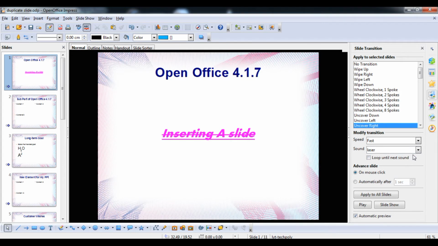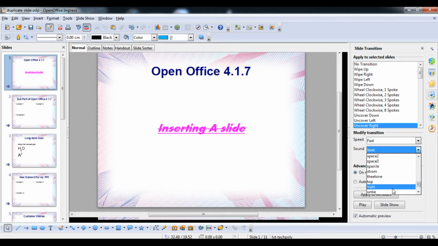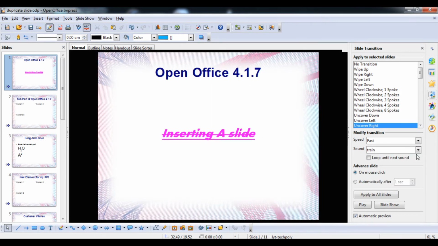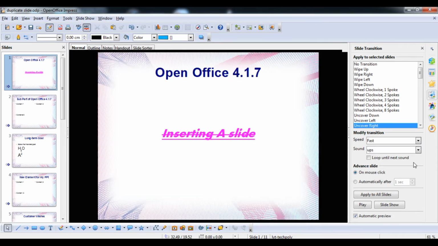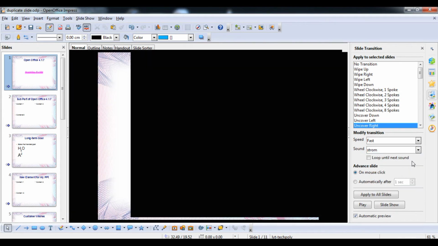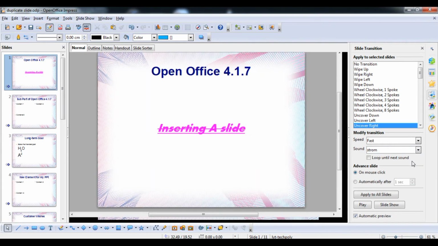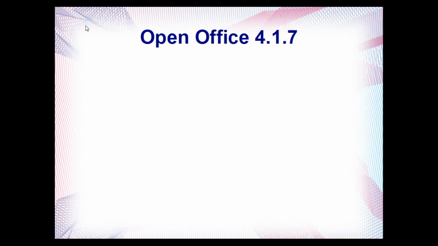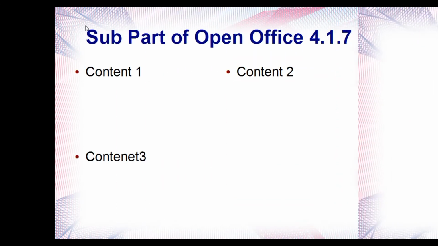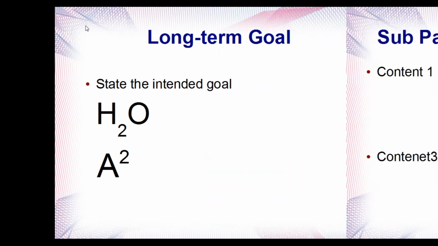You can choose whatever tone, then apply to all, and save it. Then go to the Slideshow option and press F5 directly. You can see this has come here. Now the content will come through the custom animation, as you can see.